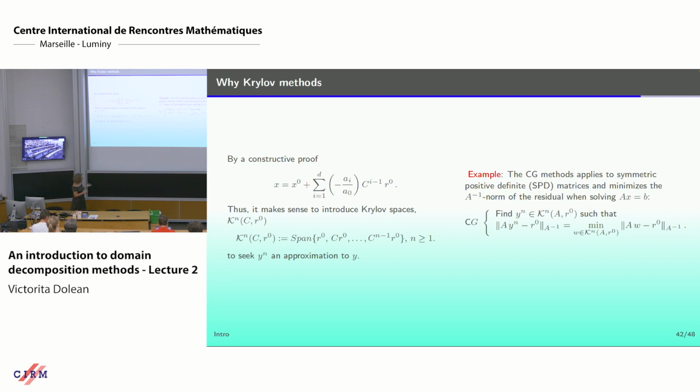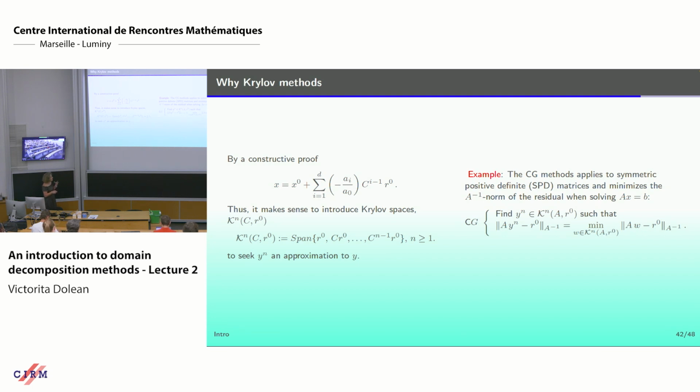So now let's give an example of a Krylov method. How do you look for the optimal iterate in the Krylov space here? It's something that you probably already know, the conjugate gradient method. Conjugate gradient is applied to symmetric positive definite matrices, and you want to minimize the norm of the residual. So you look for this w in the Krylov space defined here.